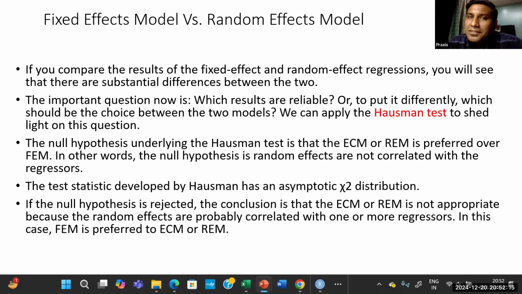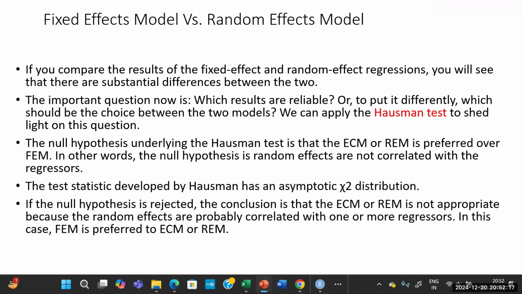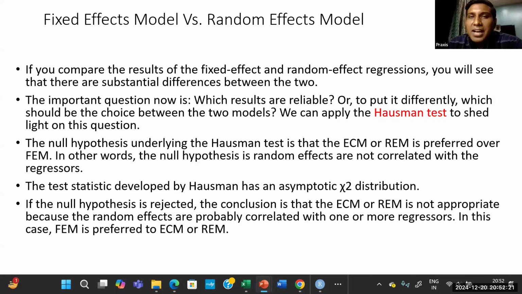No, sir. So by default, I cannot use the random effect model in this case. No need to apply the Hausman test because my sampling is not random. It is convenient sampling, because I chose those 27 banks since I could fetch ESG data for them. It is not a random selection.